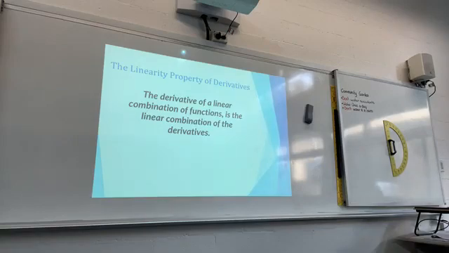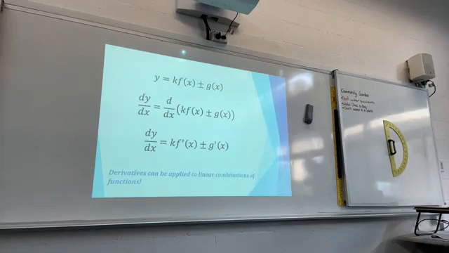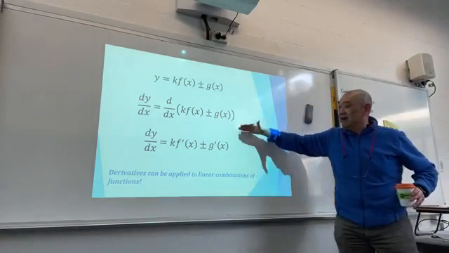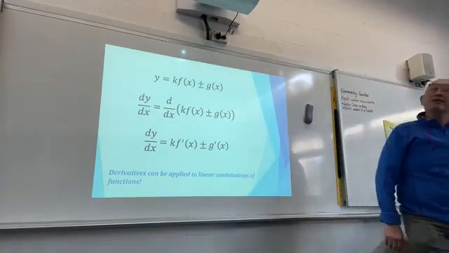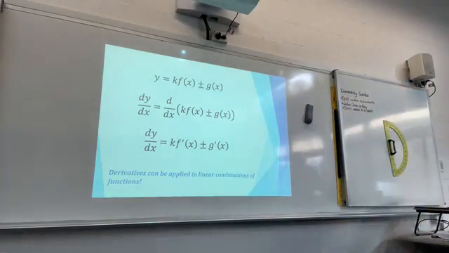Now, I don't expect you to write this down, but just expect you to understand it. So if y equals k f(x) plus or minus g(x), this is what you get. Derivatives can be applied to linear combinations of functions. One concept, bringing everything together.